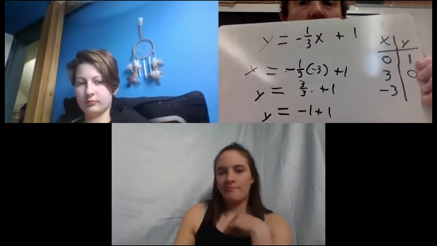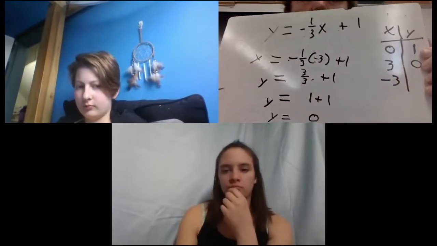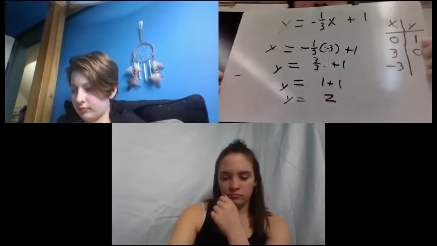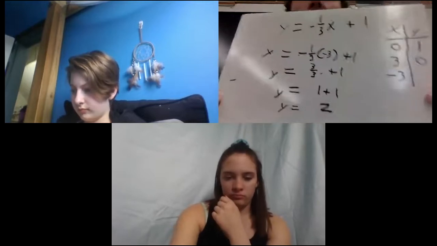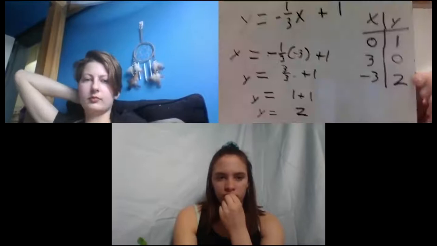Even amount of negative signs makes a positive answer when you multiply. Remember that? So then that doesn't become negative 1, but it's 1. And so 1 plus 1 gives me 2. So my third ordered pair is negative 3, 2.